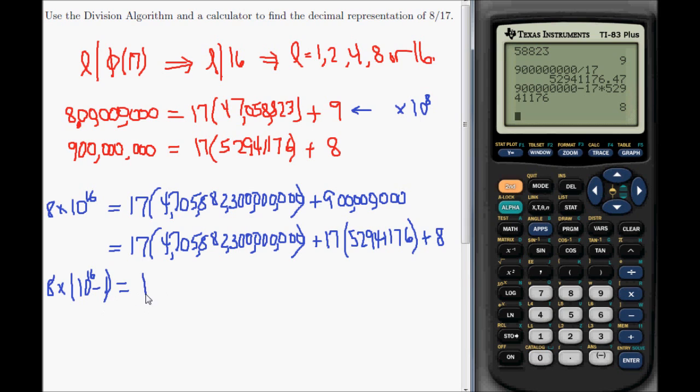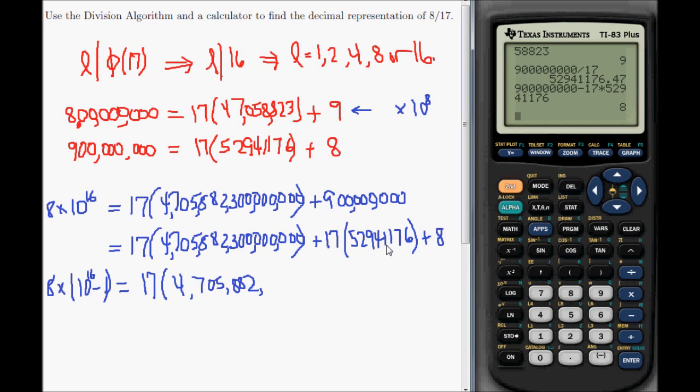And on the right side, I have 17 times, well, factoring the 17, I would get 4 times 10 to the 15th, that's 4 quadrillion, 705 trillion, sorry, I think I misstated that: thousands, millions, billions, trillions, quadrillions, that's right, 4 quadrillion, 705 trillion, 882 billion.